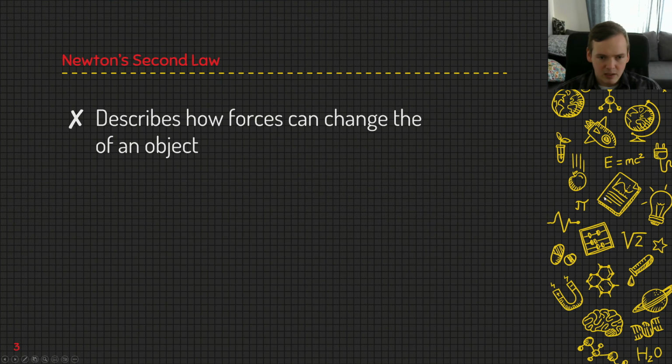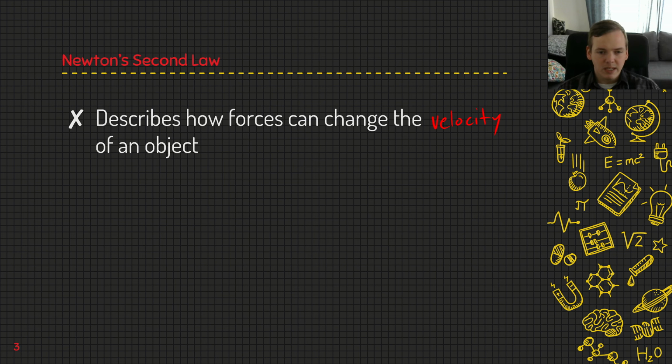So Newton's second law, like we said, describes how forces change the acceleration of an object. Or rather, let me actually say the velocity. It determines the acceleration, but it'd be better to say how they change the velocity, since that connects more closely with Newton's first law.